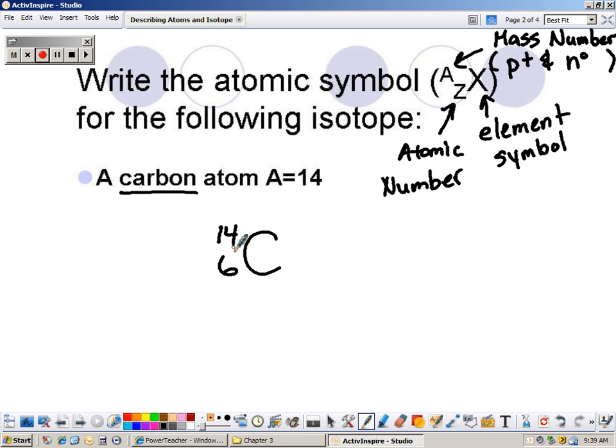So we're done. Now if they asked us to find protons, neutrons, and electrons, we could. We know that the atomic number is the protons, and from the periodic table, carbon is number 6. The atomic number is Z. Next.